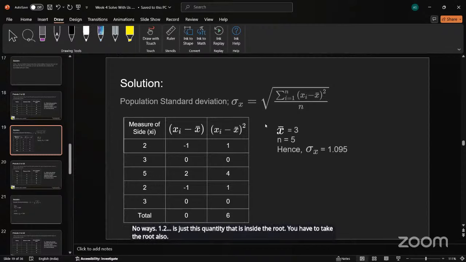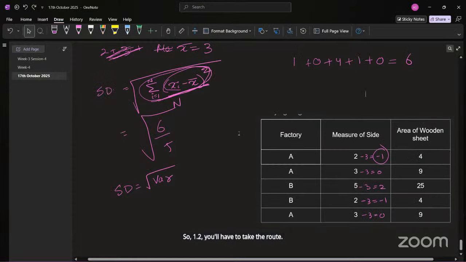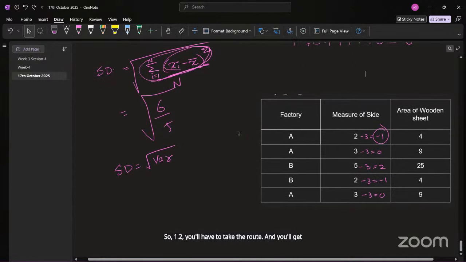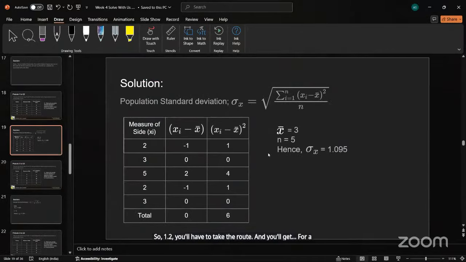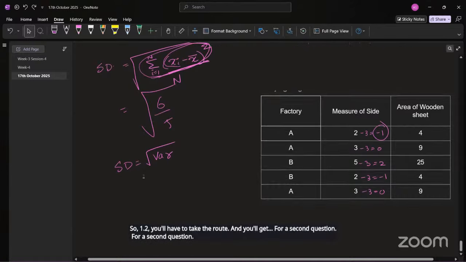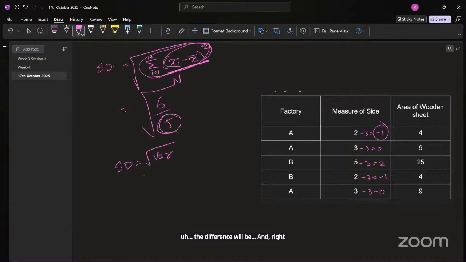So for 1.2, you'll have to take the root. And sir, I'm asking about the second question. For the second question, the difference will be here, right? You'll divide it by 4.